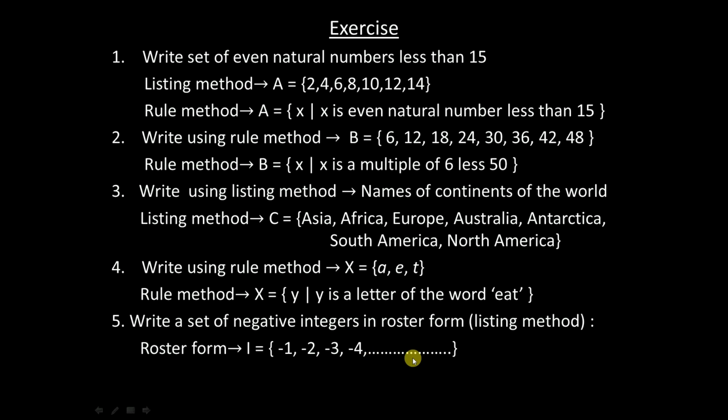Okay, so basically this set consists of -1, -2, -3, -4 until infinite it goes on. Okay, because we have not been given the limits where to stop. So I will just write -1, -2, -3, -4 and goes on, and again the curly brackets. Okay, so I am done with this method.